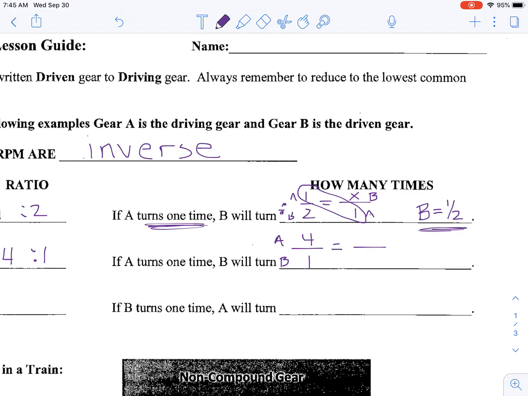On the right hand side, that's where we're going to put our number of turns. A is going to turn 1 time, and because it's an inverse proportion, you set it up diagonally from the other A value. We don't know how many times B is going to turn. So you cross multiply and you divide, and B comes out to be 1/4. So if A turns 1 time, B is going to only make 1/4 of a turn.